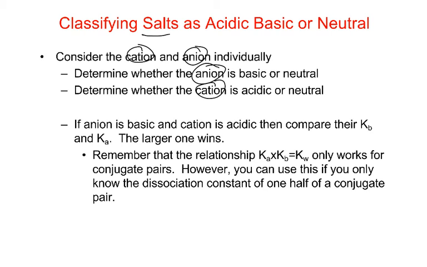In the easier problems, it's going to turn out that either they're both going to be neutral or just one of them will be acidic or basic. And if one of them turns out to be basic, then the salt is going to be basic. If one of them turns out to be acidic, then the salt is going to be acidic. It's a little bit more complicated if both the anion turns out to be basic and the cation comes out to be acidic. And this is something that we'll talk about in more detail during class.